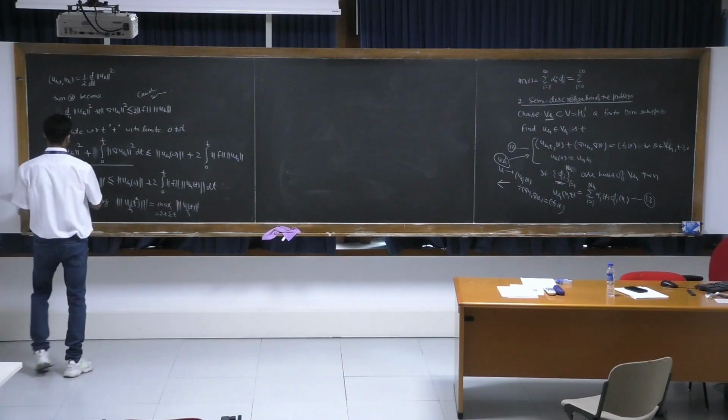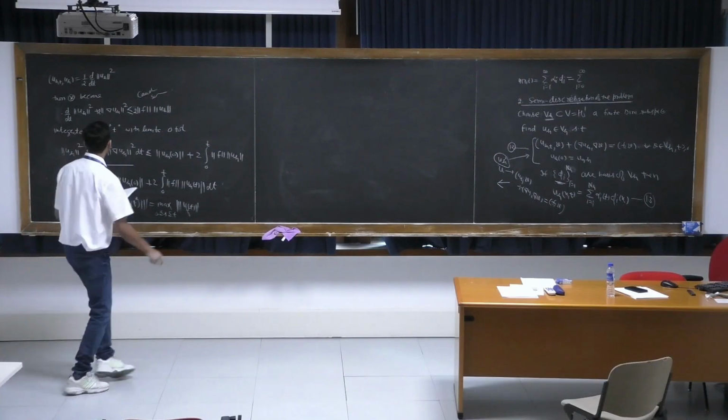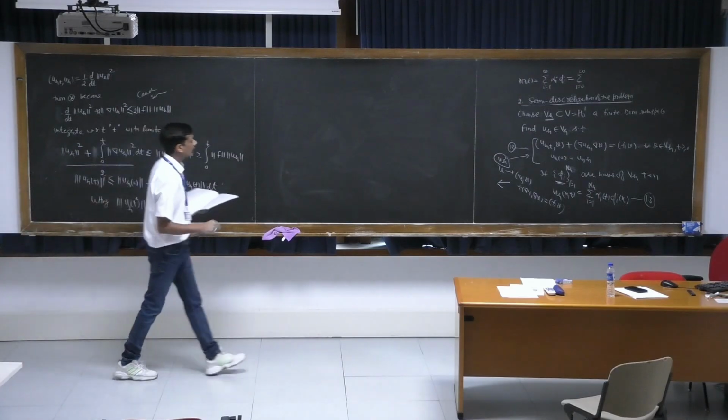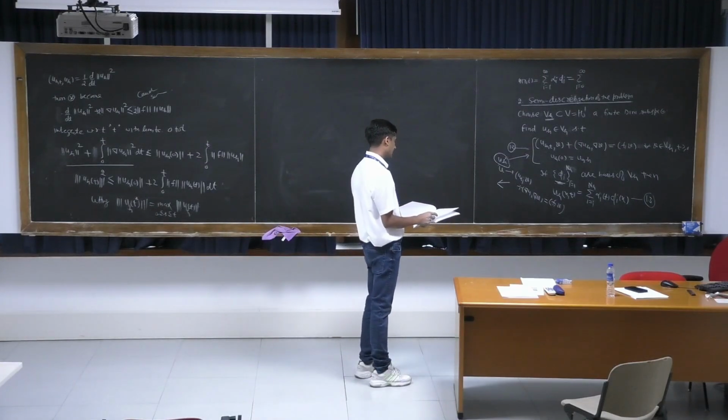Oh, one thing: this is square here, because I have defined the energy norm. I think that should be square here.